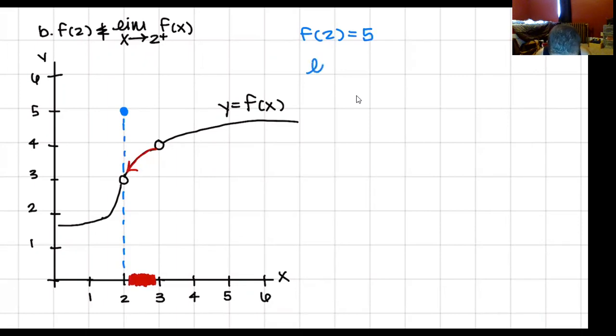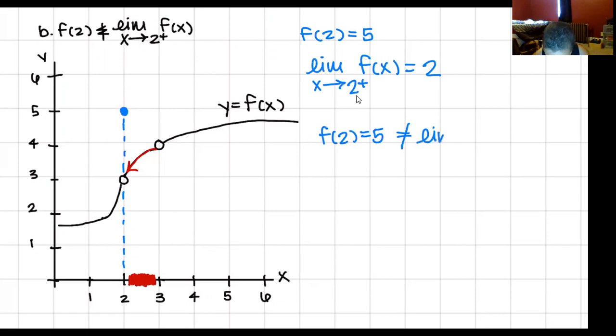This means that the limit as x approaches 2 from the right of f of x equals 2. And exactly like I mentioned last time, these two values don't match, right? So f of 2 equals 5 is not equal to the limit as x approaches 2 from the right of f of x, which is equal to 2. 2 does not equal 5.